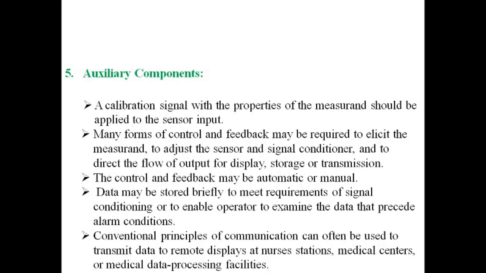The control and feedback may be automatic or manual. As we know, when it is automatic, the cost of this total system becomes quite higher compared to manual operation. Data which is obtained may be stored briefly to meet the requirements of signal conditioning, or to enable the operator to examine the data that precede the alarm conditions.